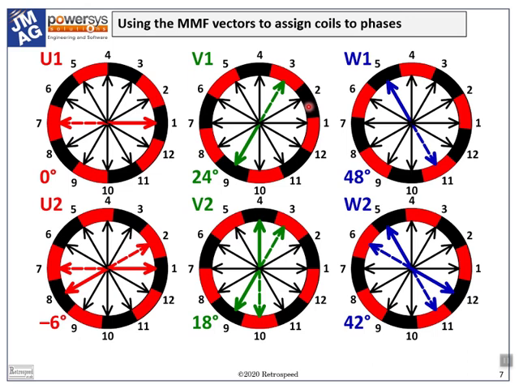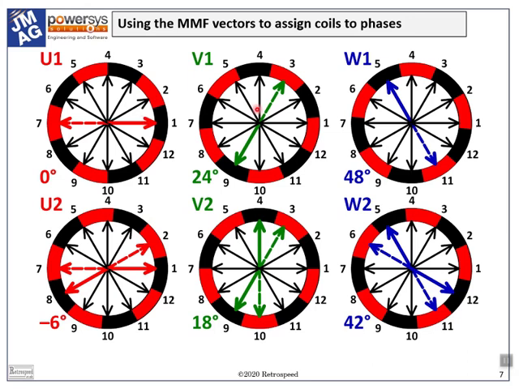We now find that coil 9 is perfectly aligned with a black magnet, while coil 3 is perfectly aligned with a red magnet, just as coils 1 and 7 were aligned with the same magnets 120 electrical degrees earlier.